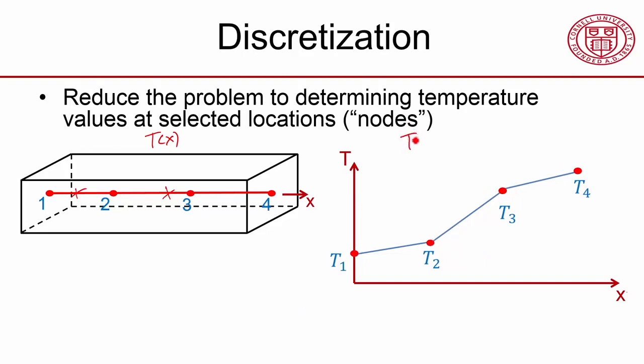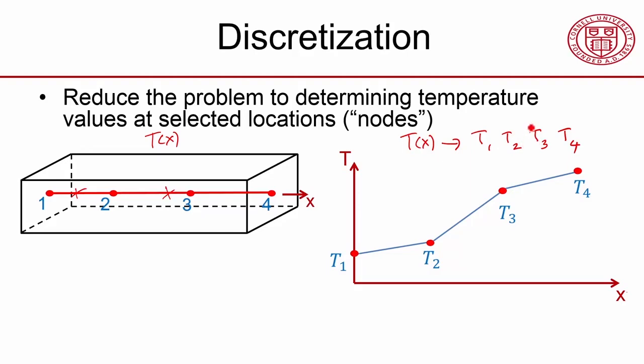So instead of determining an unknown function, I'm going to determine 4 values. That's called discretization. And it's easier to determine a finite number of values rather than a function. Determining unknown functions is hard. Determining a finite number of values is not as hard.